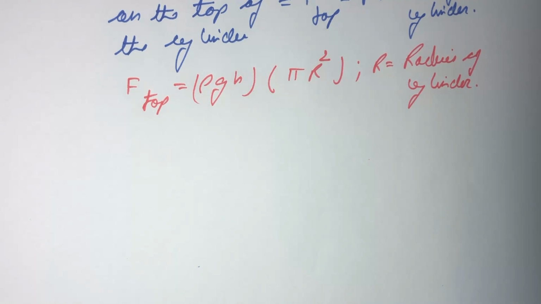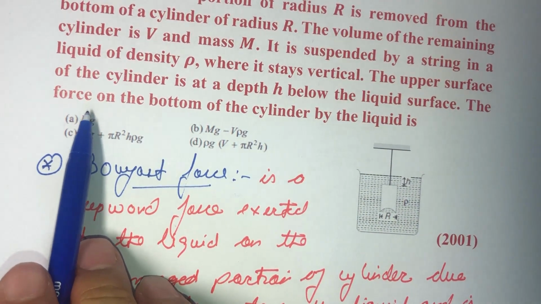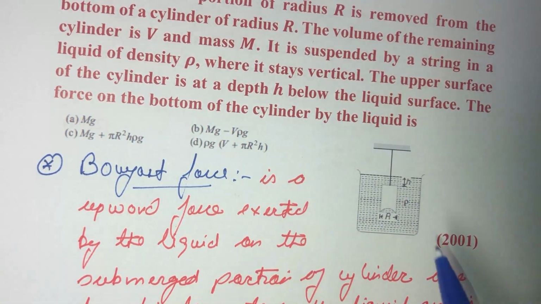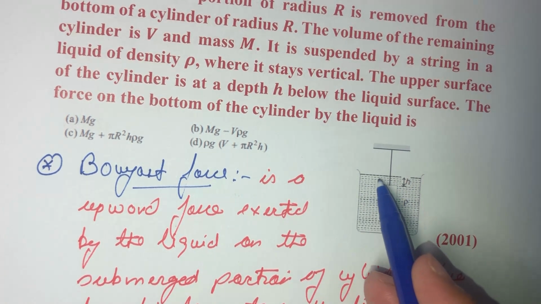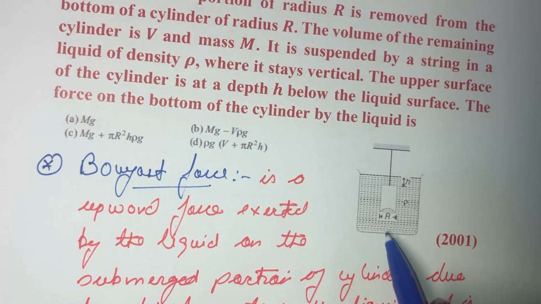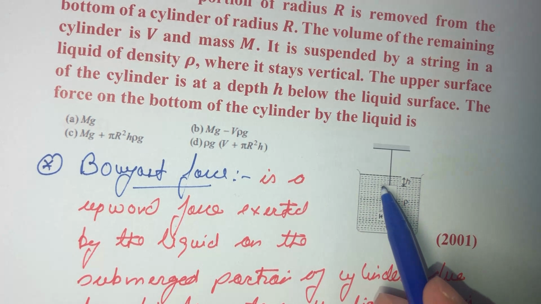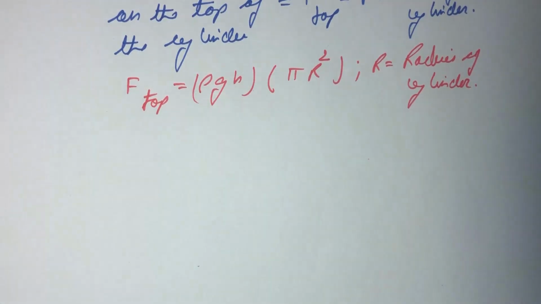Now, in the question we are supposed to find the force on the bottom of the cylinder by the liquid. So we found the force at the top, and we found the buoyant force which acts upward, and the difference in the force at the top and bottom will be equal to the buoyant force.